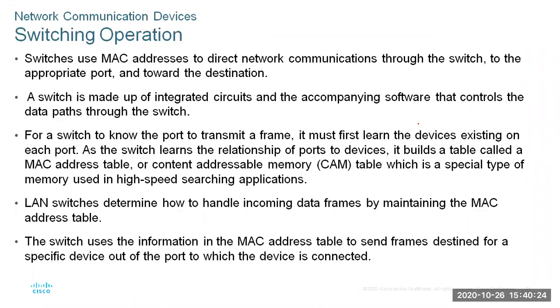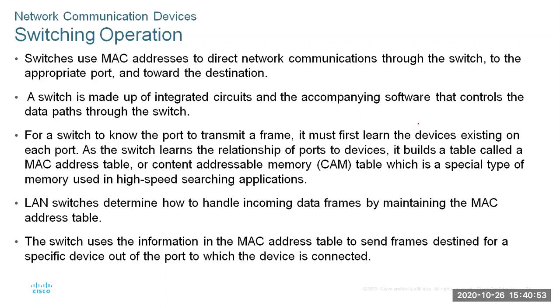Now, a switch uses MAC addresses to direct network communications through the switch to the appropriate ports and forward to the destination. A switch is made up of integrated circuits and accompanying software that controls the data path through the switch. So for a switch to know the port to transmit a frame, it must first learn the devices existing on each port.